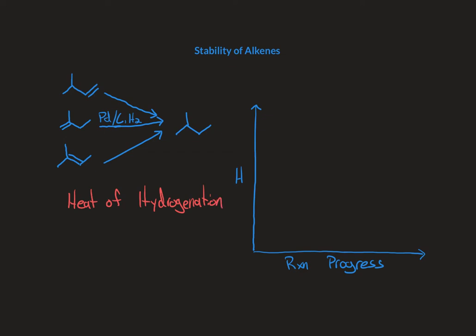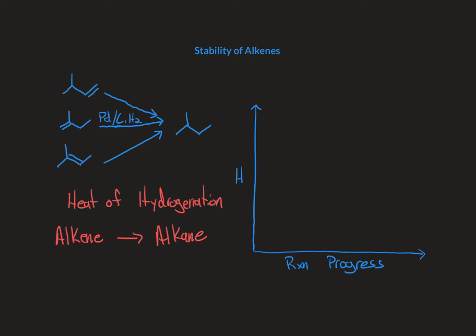This is the reaction that converts an alkene into an alkane. It's an exothermic reaction, and we can measure that heat to get an idea of the stability of alkenes.